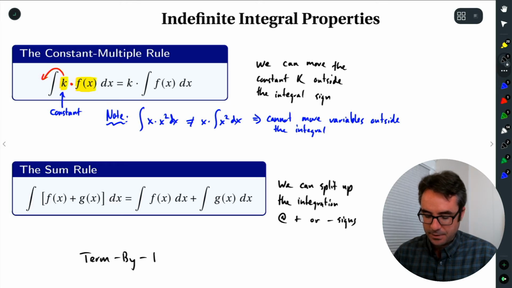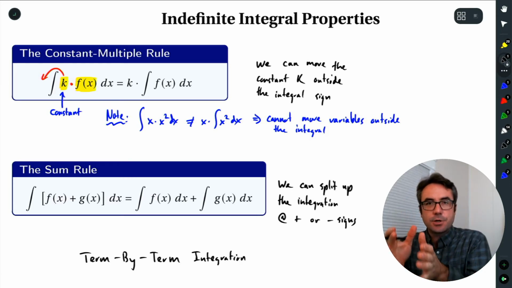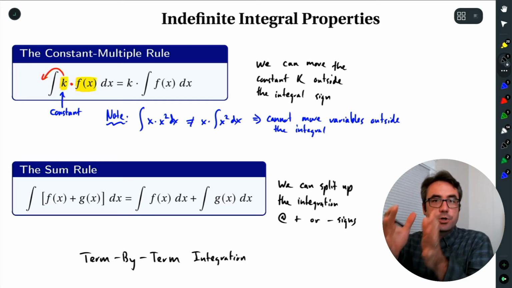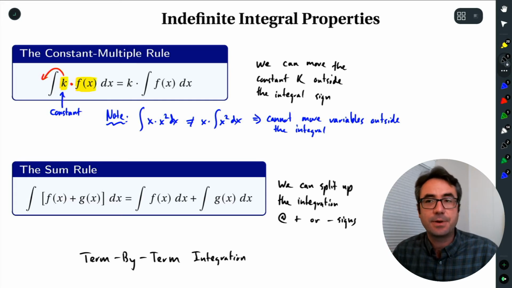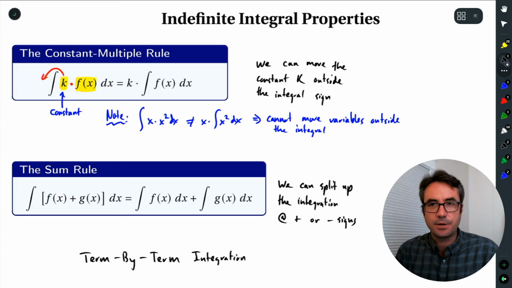Just like what we did with derivatives, the overall process is going to feel fairly similar. When we have a polynomial, we look at each term of our polynomial and get the antiderivative, just like we would do with derivatives, where we would look at each term and differentiate. So we're going to call this process term by term integration.